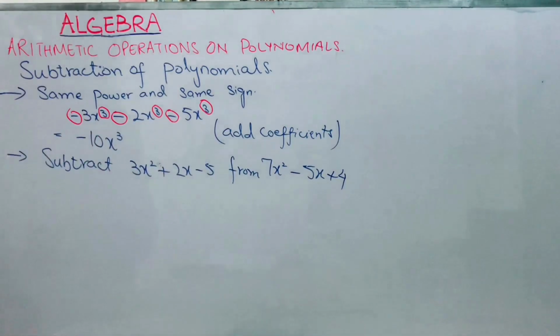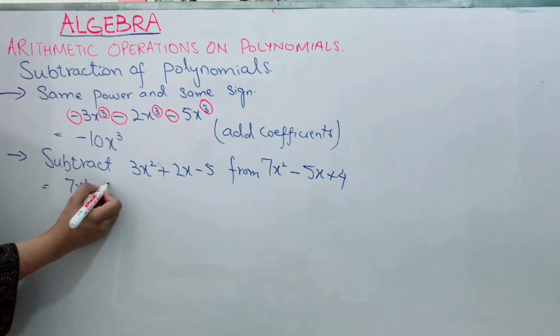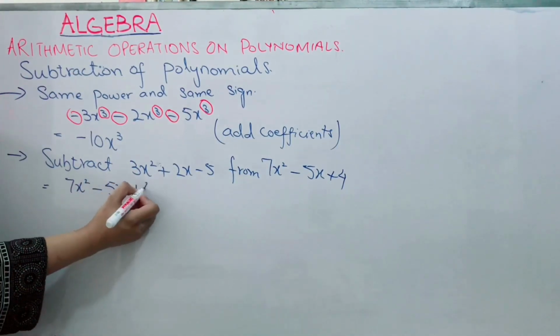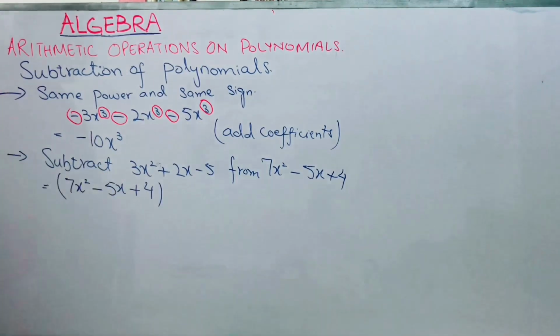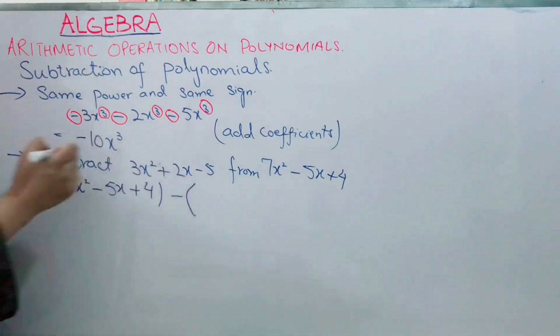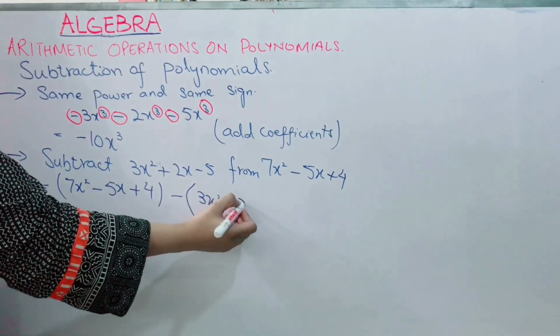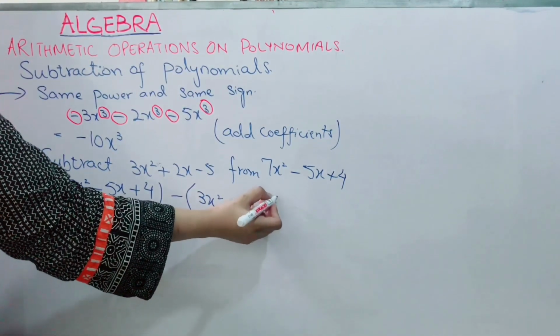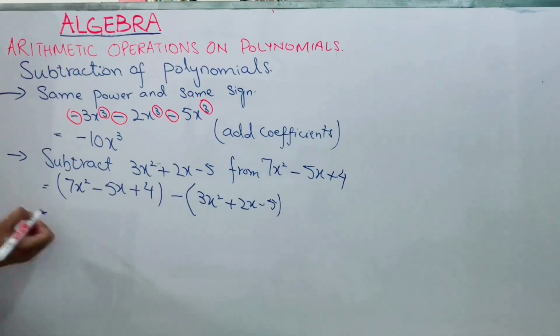So first we will write our first expression, 7x square minus 5x plus 4 in the bracket. In the middle you will put minus sign. Then write down the second expression, that is 3x square plus 2x minus 5. Now you have to write down the similar powers in similar brackets.